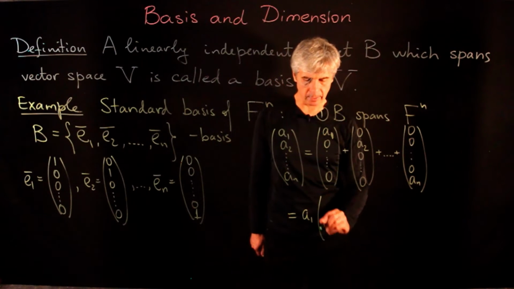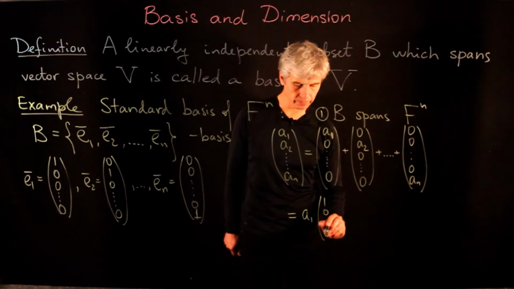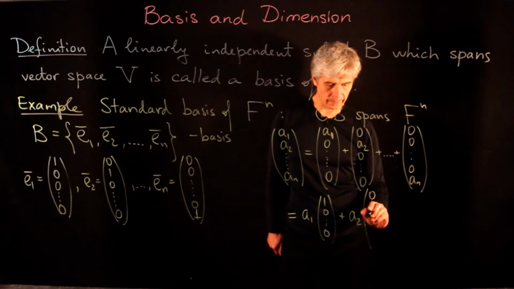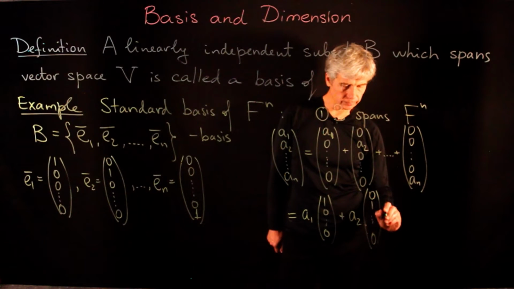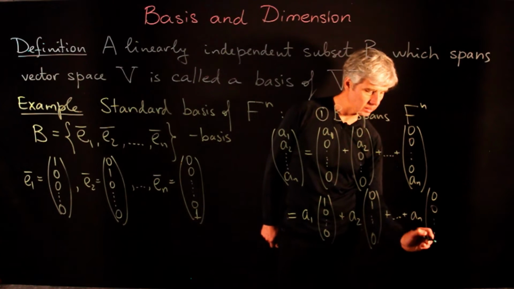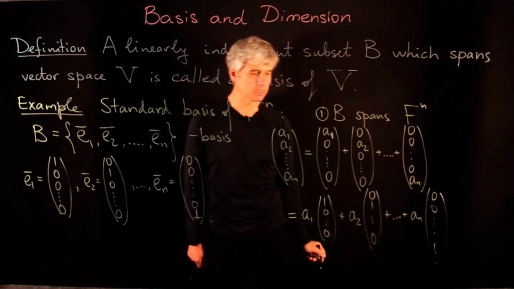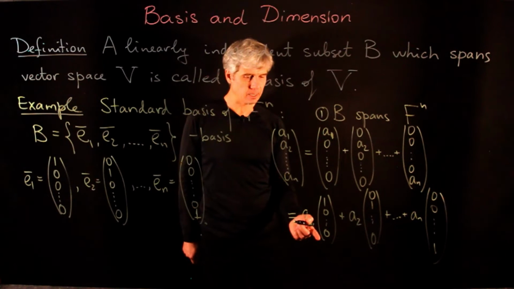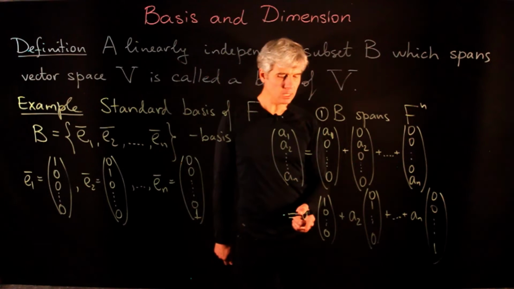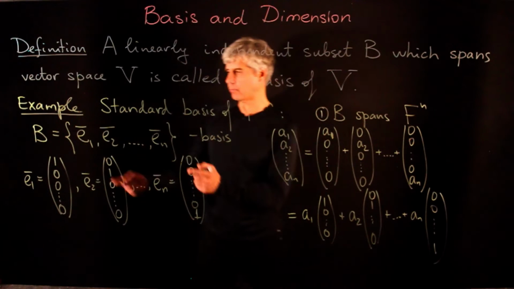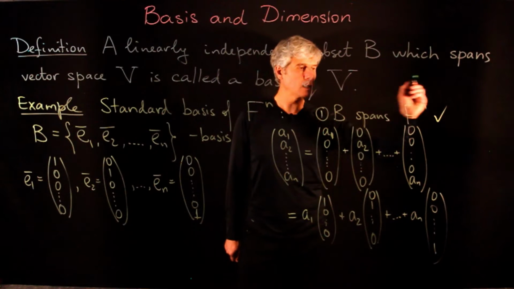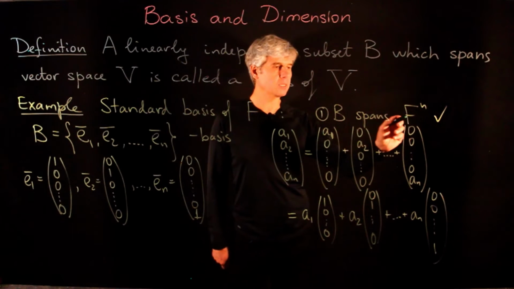So we get a1 times 1, 0, 0, 0, plus a2 times 0, 1, and all zeros, plus an times a vector that has 1 in the last component, and everything else is 0. So what we see here is that an arbitrary vector from Fn can be written as a linear combination of the given n vectors. So this means that this basis spans Fn.